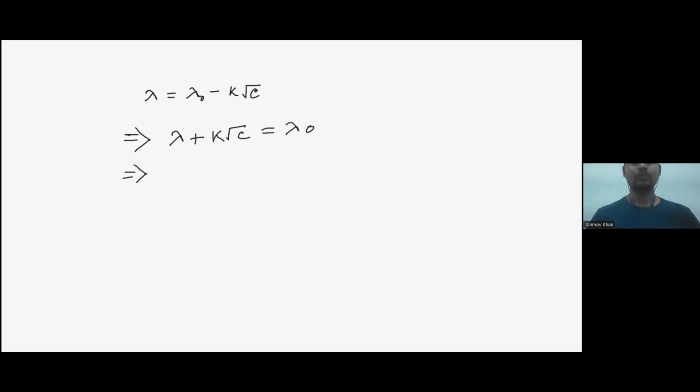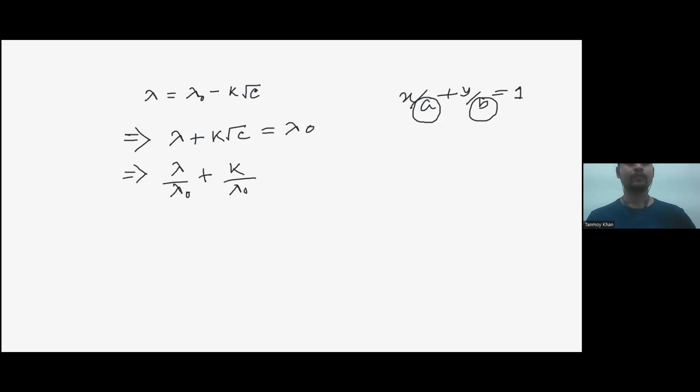Now we know one more straight line equation, the intercept form, and this is a bit easier because here you know exactly what the intercept will be at the x-axis and y-axis. Written in that form, it will be lambda by lambda 0 plus root c by lambda 0 by k equals 1.